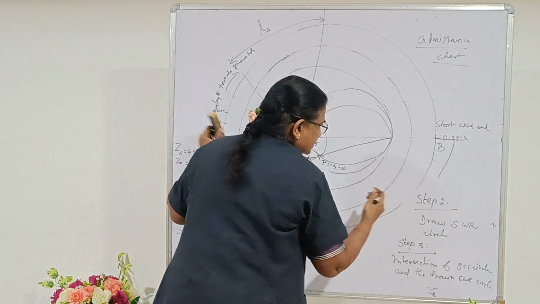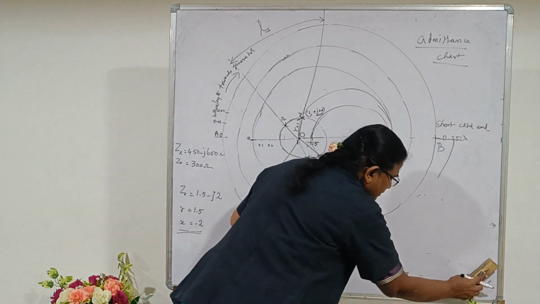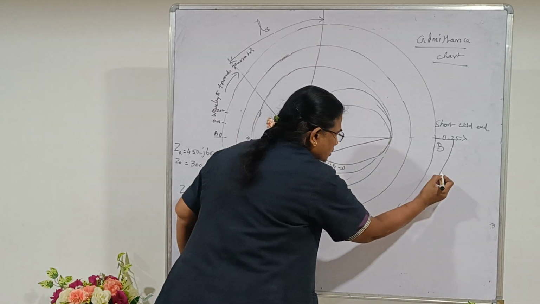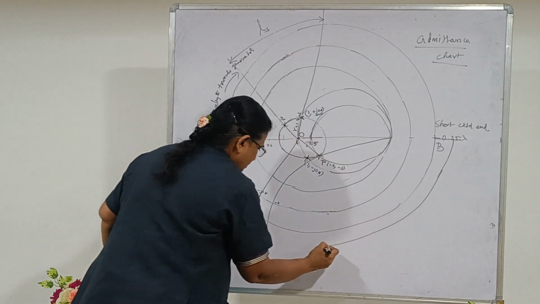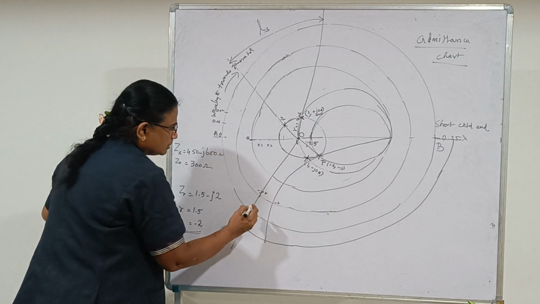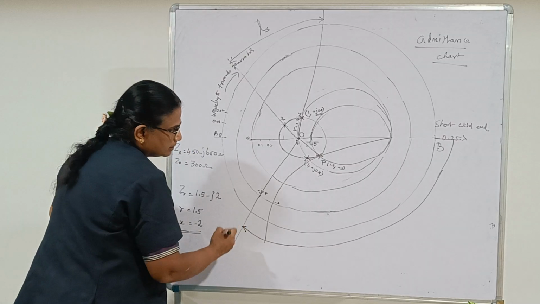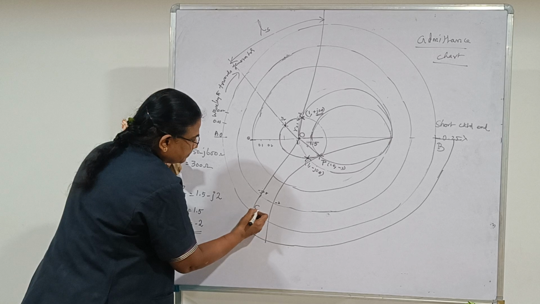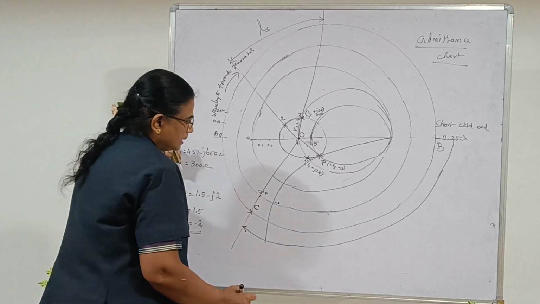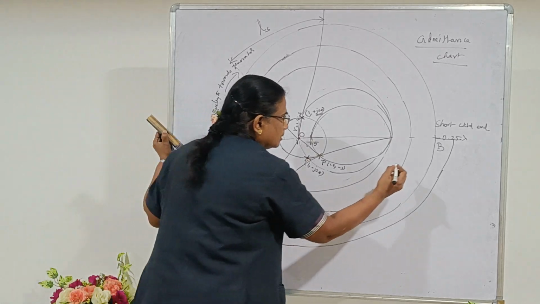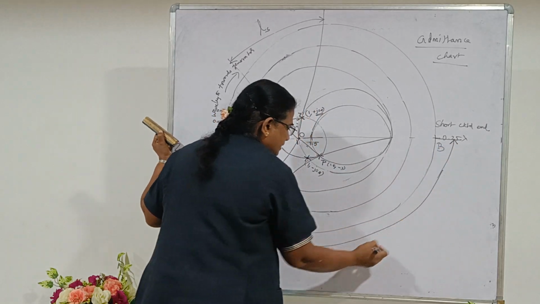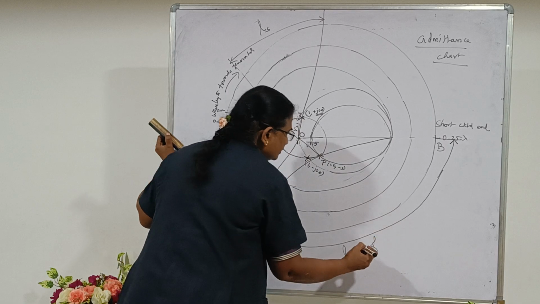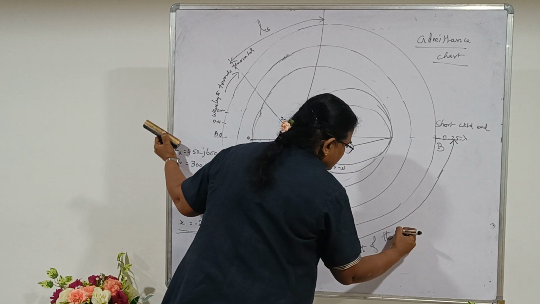So now this distance from the short circuited end to this point, let me write this point as some C, and the distance between B and C is now designated as the length of the stub.